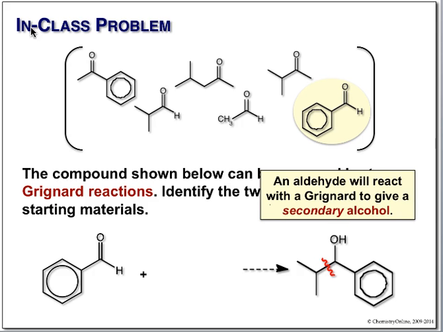Now, draw me the structure of the Grignard reagent that you need. Oh, so it's not 2 of those. Nope. You come up with a Grignard now. The Grignard is 3 carbons, 1, 2, 3. This is our nucleophilic carbon, so something like isopropyl magnesium bromide will work.